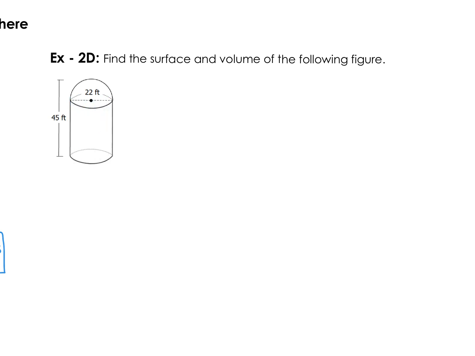So for our surface area formula for the hemisphere, we're doing half of the 4 pi r squared, plus we're only doing one big B instead of 2 big B's for the cylinder, plus the LA. So let's write this out a little bit more. So half of 4 is going to be 2, so we have 2 pi r squared. Big B is pi r squared.